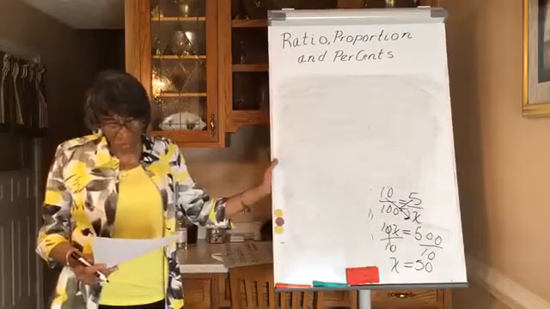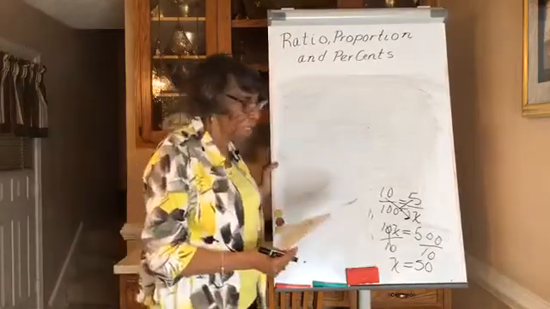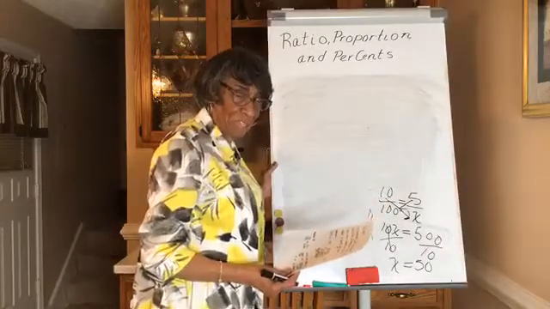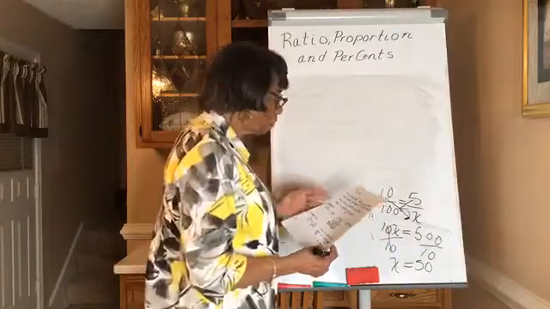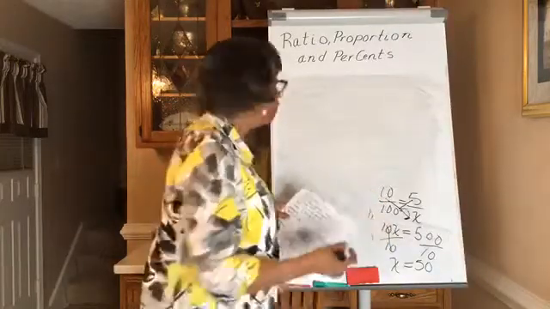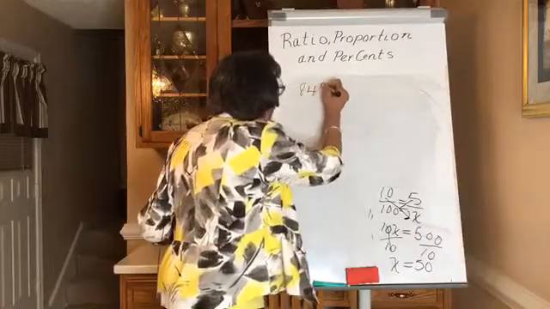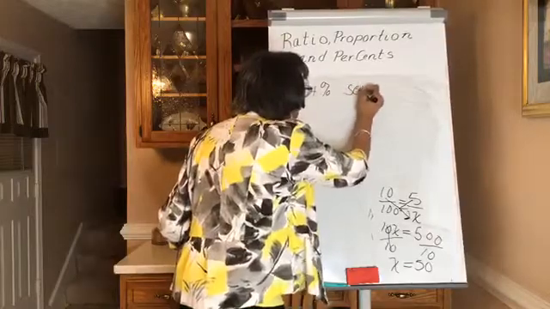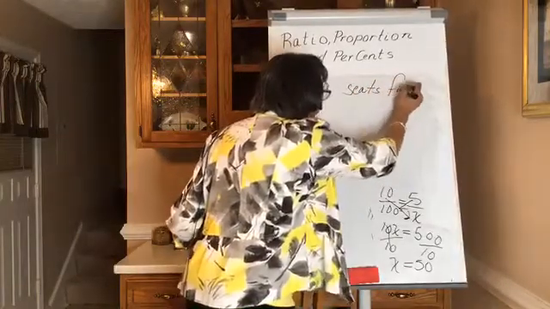Okay, here's an interesting problem, and see what you're going to do with it. These are the kind of problems that are on those SOL tests. At a home game, 84% of the seats are filled. And this is what I want you to do when you're reading a math problem.